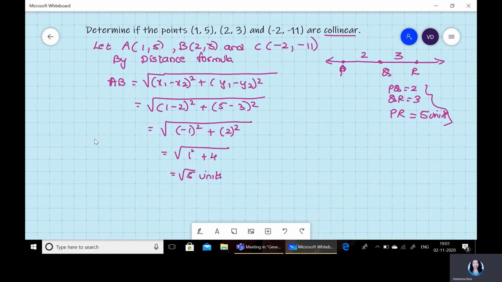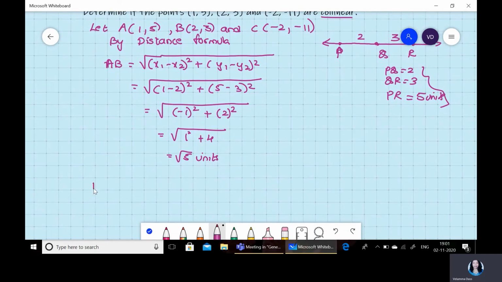Then we find the distance BC, and then AC. Now I'm not writing the formula again, since it is already written. So this is x1, y1, x2, y2. The difference of abscissas: the minus sign is already there in the formula, so minus and minus will become plus, the whole square. Again here 3 minus of minus will become plus, students, so 3 plus 11 the whole square.